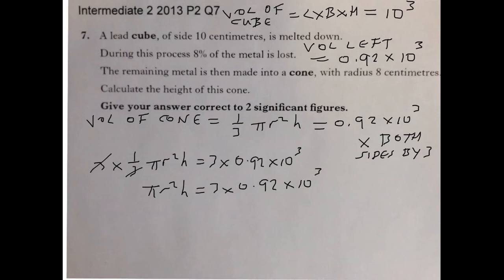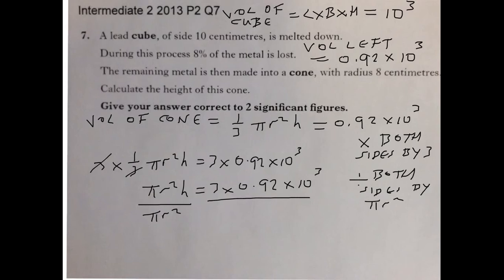We're nearly there. We want to find out what h is. So we're doing pi r squared times h. So what's the opposite of times? It's divide. So let's divide both sides by pi r squared.